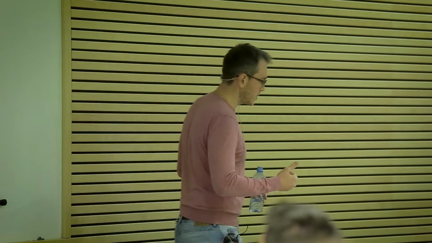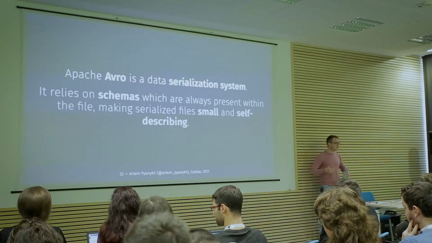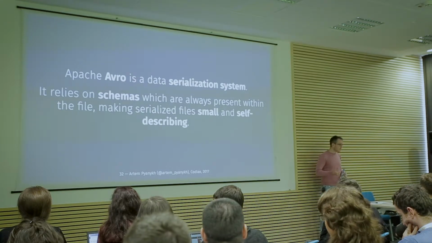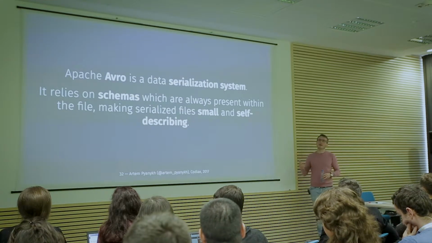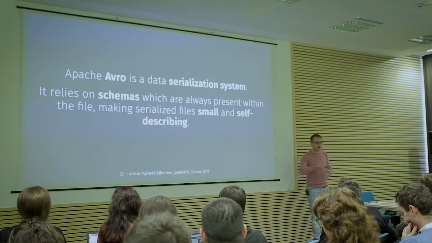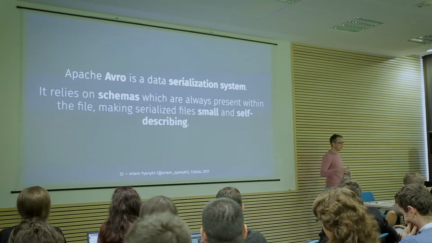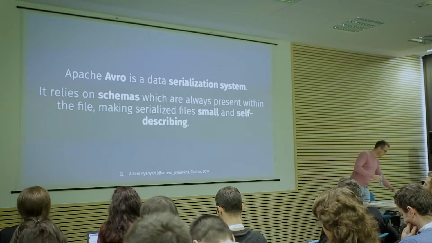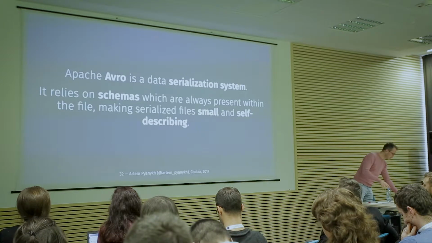But the schema is embedded into the file, so if you work with scripting languages, you don't have to deal with artifacts from compilation like you would have with other serialization formats. So it's self-contained, you can just plug it in and start working with it.